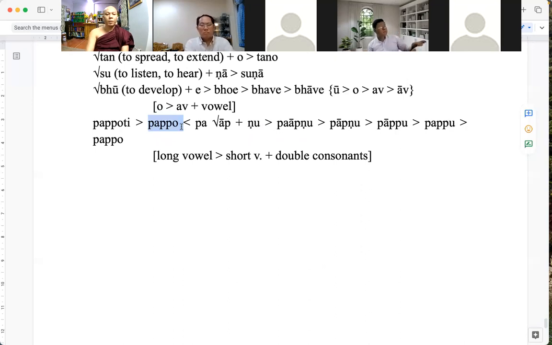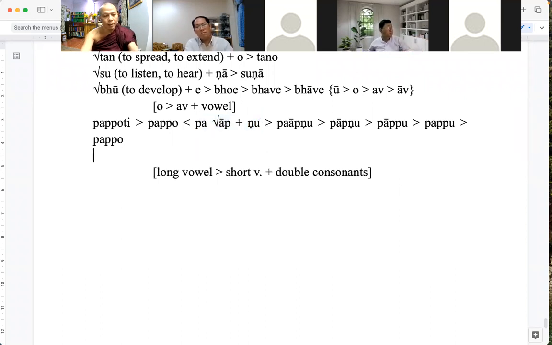Okay. So now from the preface root bu and the nu, to get ba, root bu, and finally we have the bubo.